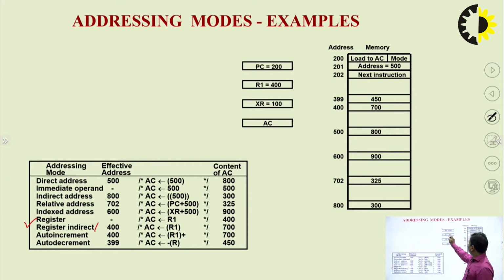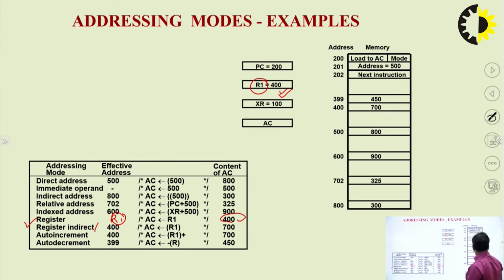So what is the register R1 having? That is 400. So the content will be 400. And what will be the address? There will be no address in the memory. You can say here that the address will be R1, because R1 is having the operand value directly.